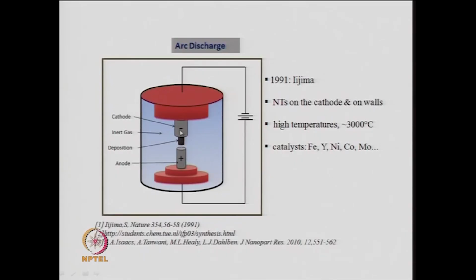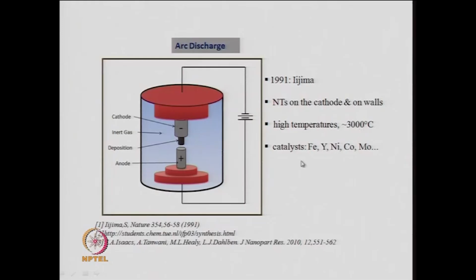So, you have the nanotubes on the cathode and also on the walls when you apply a high voltage across these two electrodes, and here also the temperatures are close to around 3000 degrees Celsius.